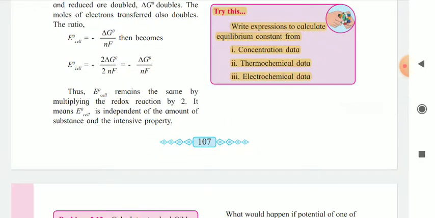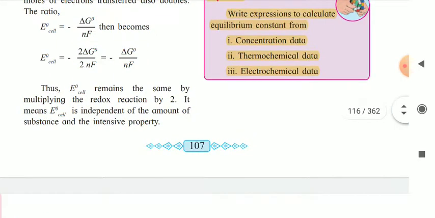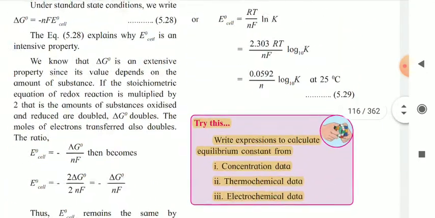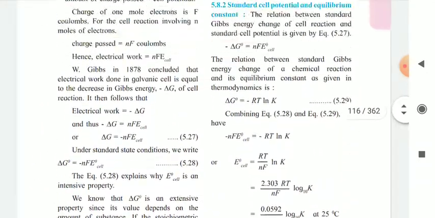Now students, E0 cell is independent of the amount of substance, and this is what we call an intensive property.